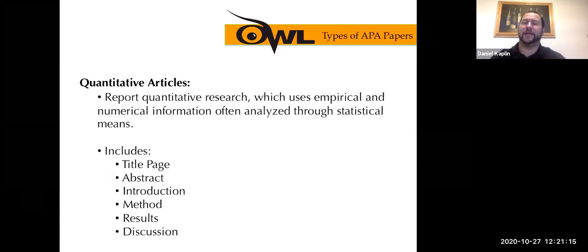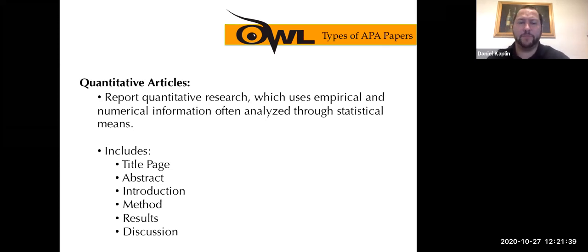Now, there are different types of papers. So for experimental psychology and research methods, you will probably have either a quantitative article or you will have a literature review. But there are others. So let me explain what a quantitative article is.